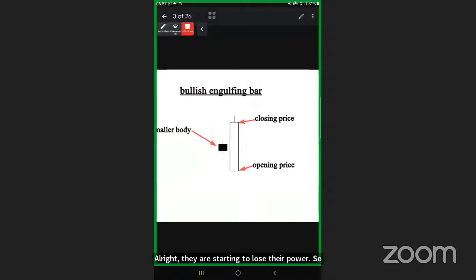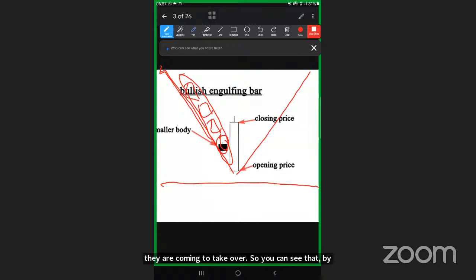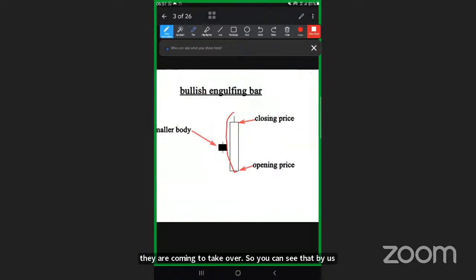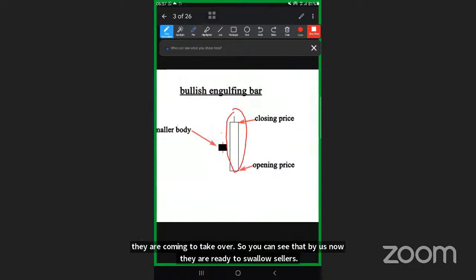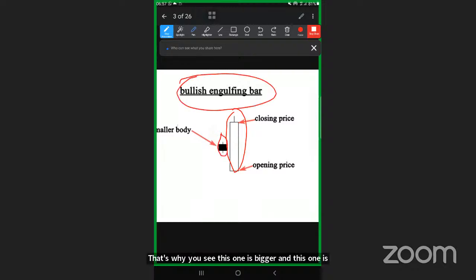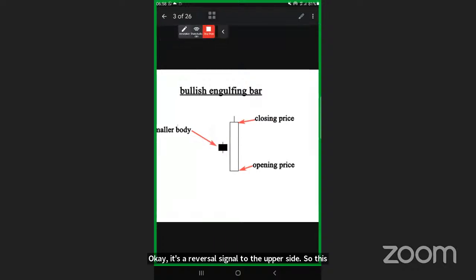So buyers are coming to take over. You can see that buyers are now ready to swallow sellers. That's why this one is bigger and this one is small. Then this is a bullish engulfing bar, a reversal signal to the upper side. So this is the opposite of the bearish engulfing bar.